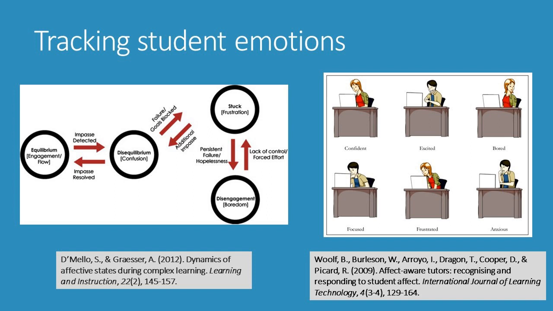We move through a lot of different emotional states when we learn. We might feel great, we might be engaged and focused, or we might become confused. If that sticks around long enough, we might shift into frustration, which can unfortunately take us to disengagement or being bored. This is not a linear model.